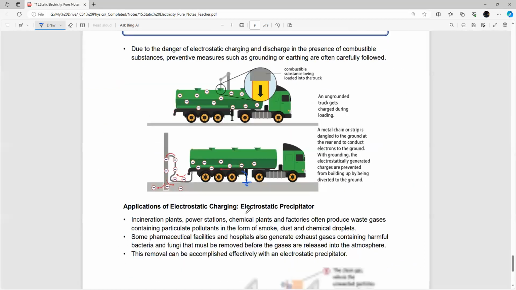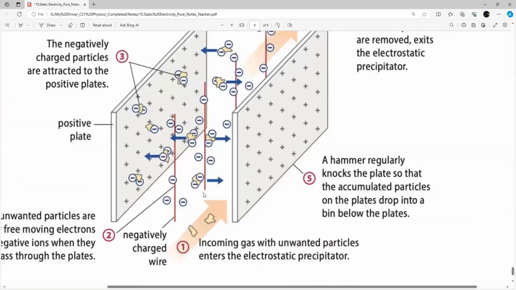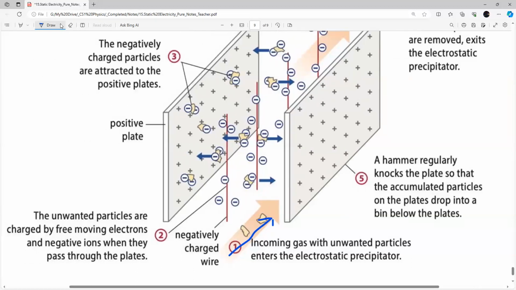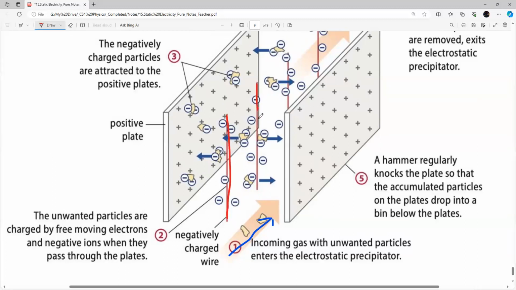At the bottom of the car, you see a metal chain. This acts as a connection to the ground, which is the same as earthing, so they can discharge. One that you need to know for your syllabus is the electrostatic precipitator. So how does it work? The incoming gas has unwanted particles, so it enters the precipitator with all the unwanted smoke or dust particles. Next, there are two wires that carry a current.